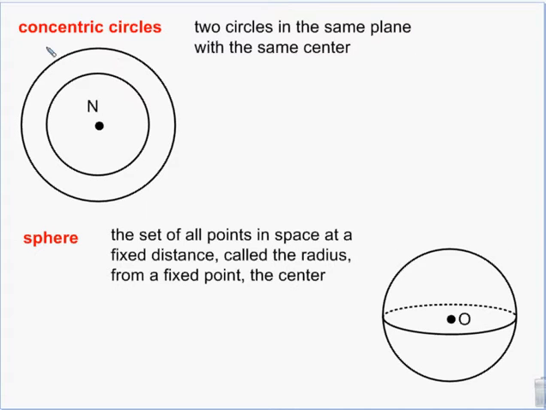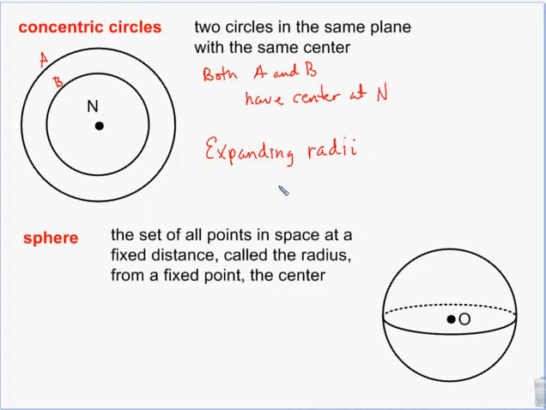So if this is circle A and this is circle B, both A and B have a center at N. So you have expanding radii, because the radius of A is going to be greater than the radius of B. And you can have concentric circles that go out, out, out, out, out.